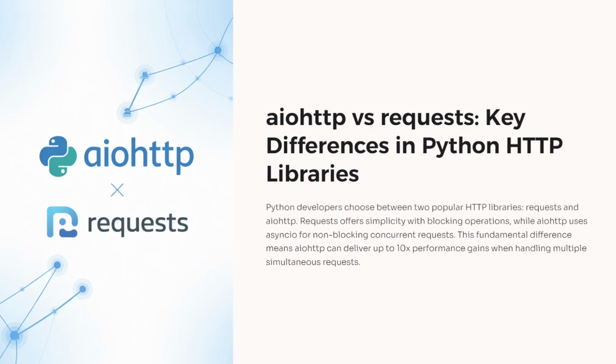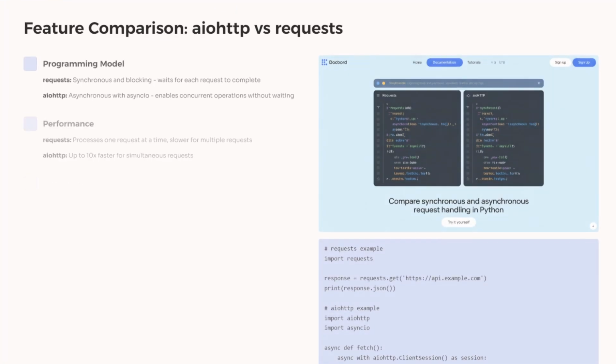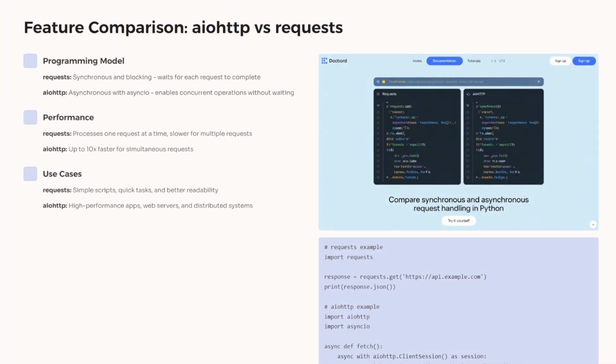This fundamental difference means aiohttp can deliver up to 10 times more performance gains when handling multiple simultaneous requests.